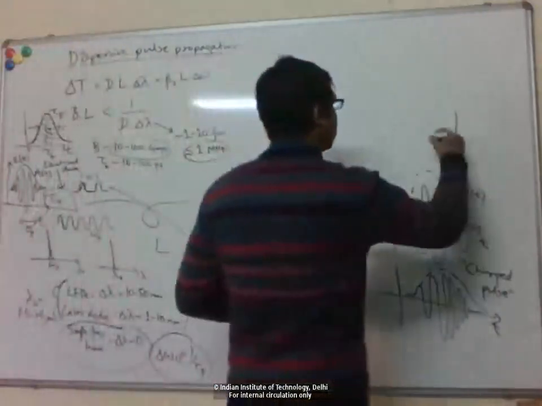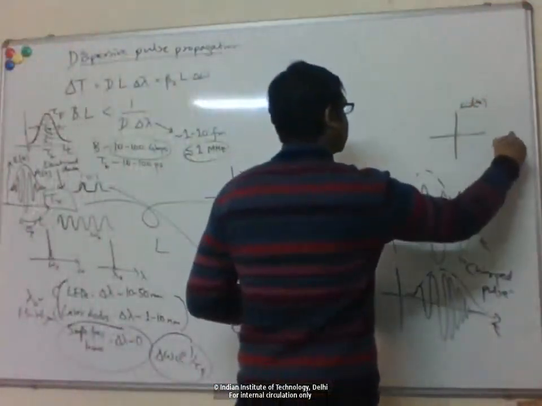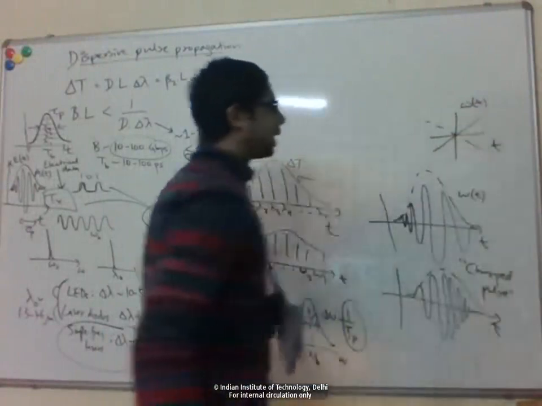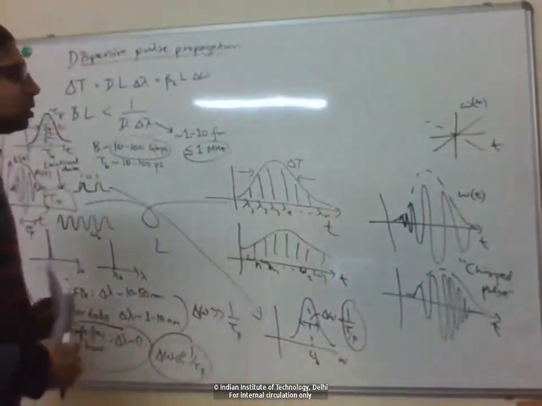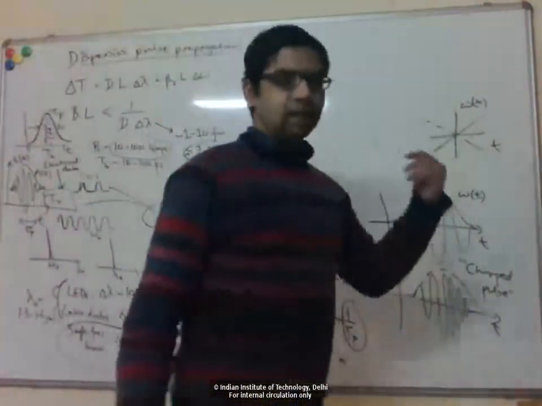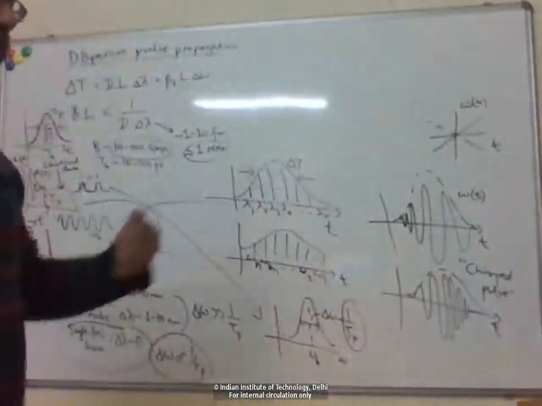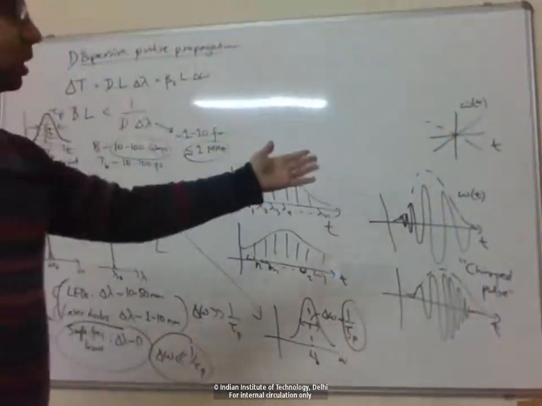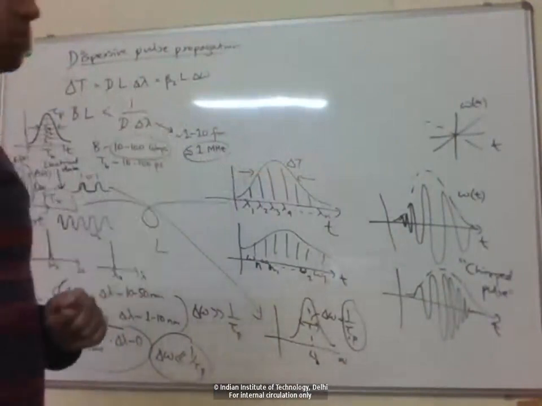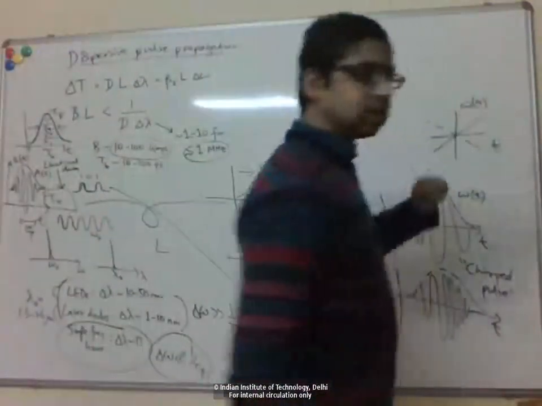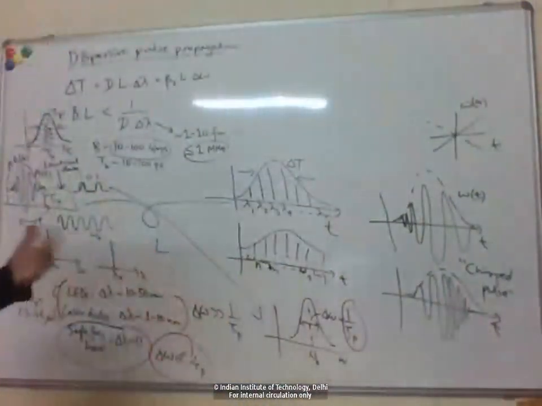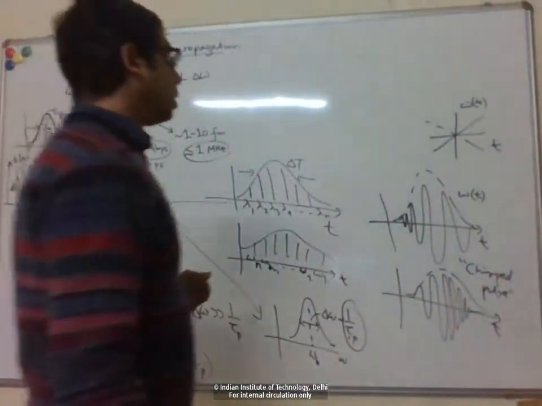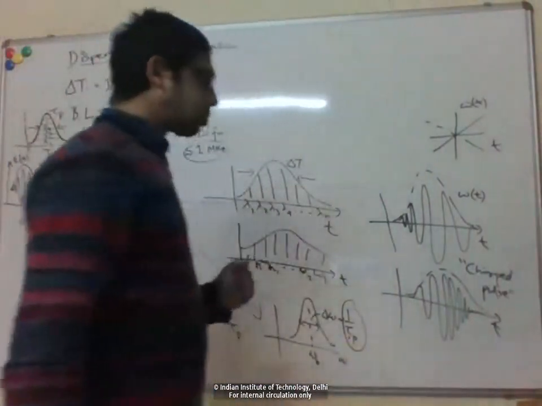If I plot omega of t versus t, it's either increasing or decreasing: positive chirp or negative chirp. This almost looks like a Doppler signal. When a train or a car with a siren approaches you, you hear the frequency increasing with time. That sound you hear is a chirp.